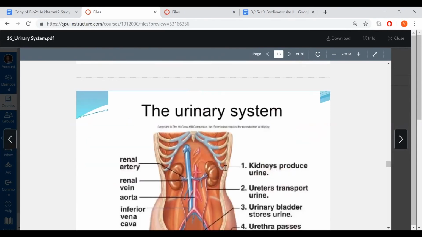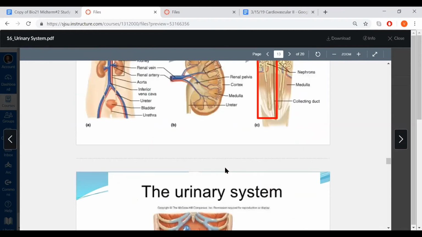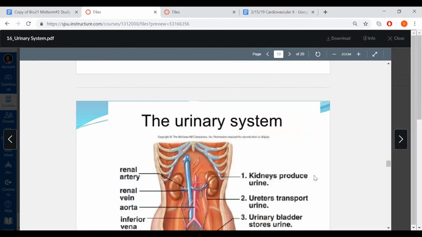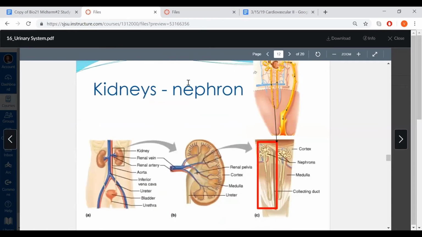I guess this is the only slide she has on that. But just make sure you know that the nephron is the functional unit of the kidney. She'll probably ask something broad about that.